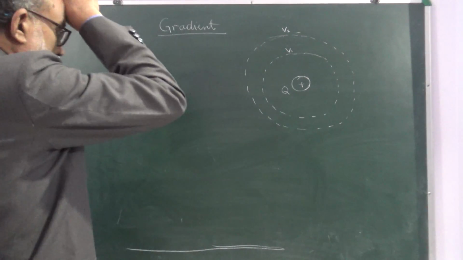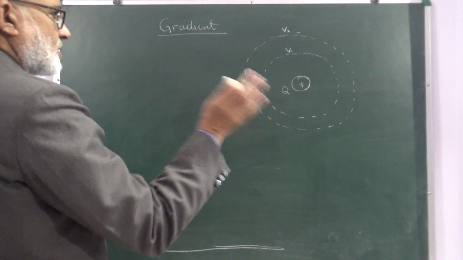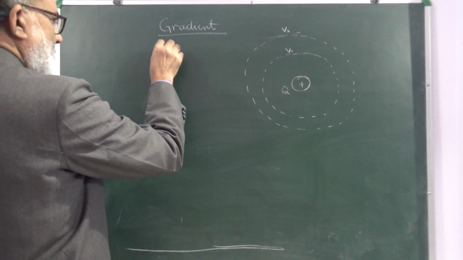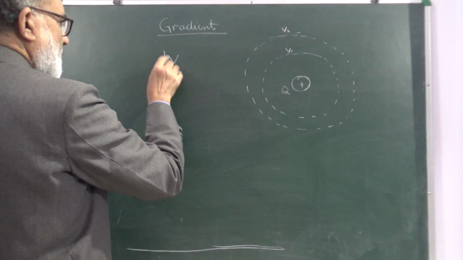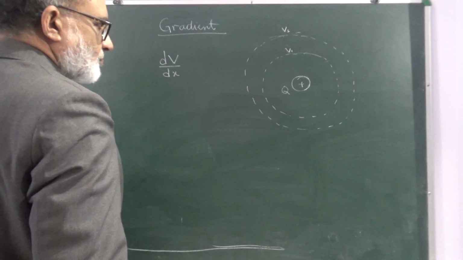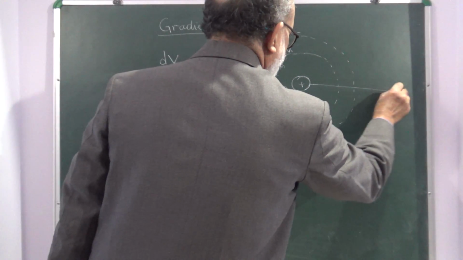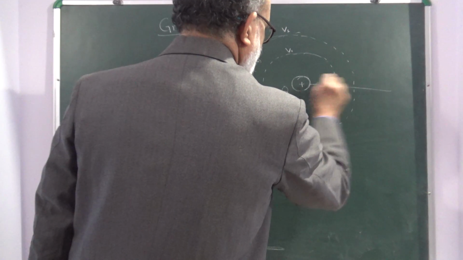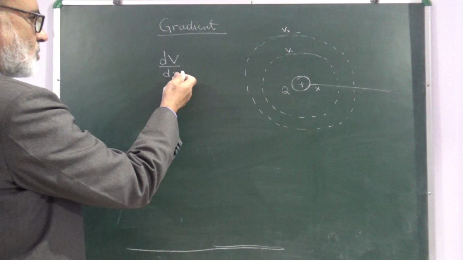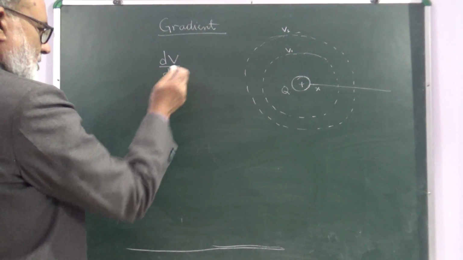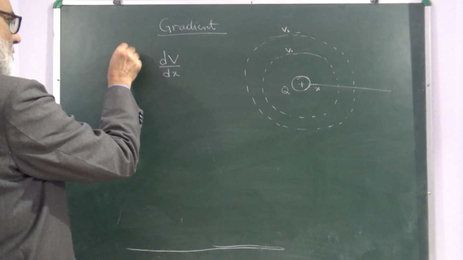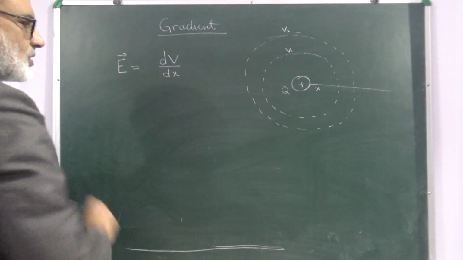Suppose we consider only the x component. If you take the variation of the potential with respect to x, where x is the displacement measured from the center of the charge, this is equal to the electric field, which is a vector quantity.